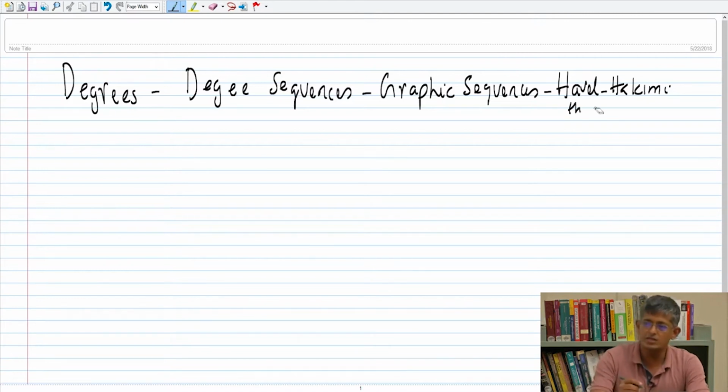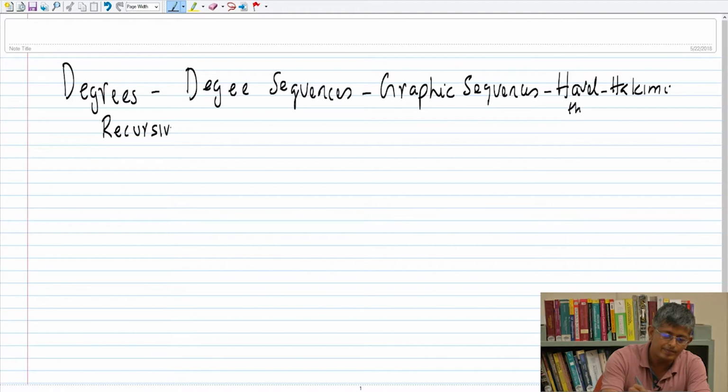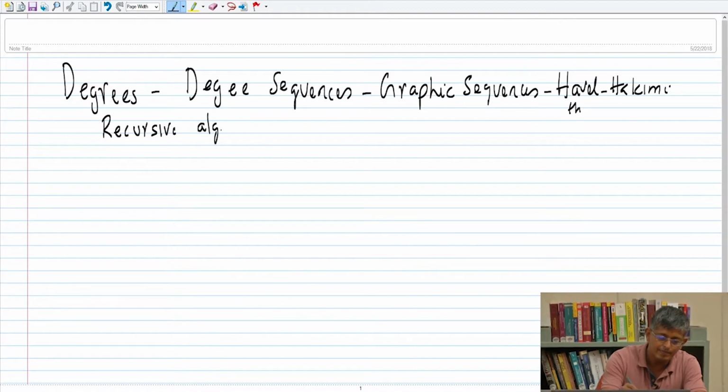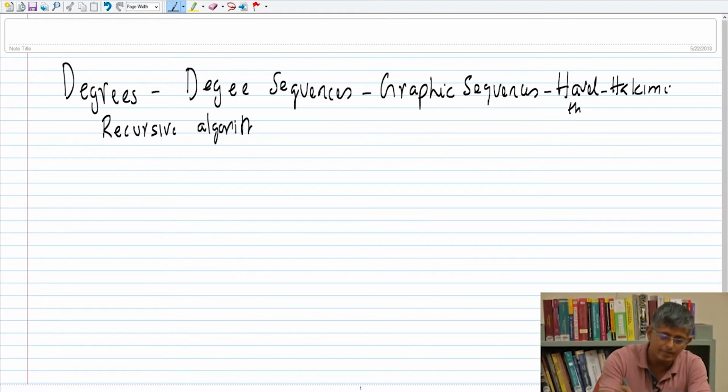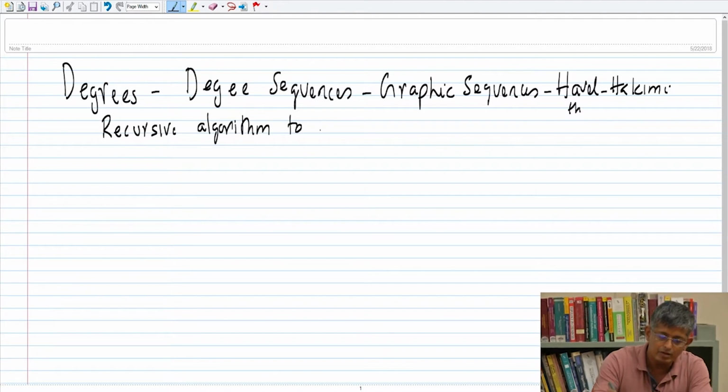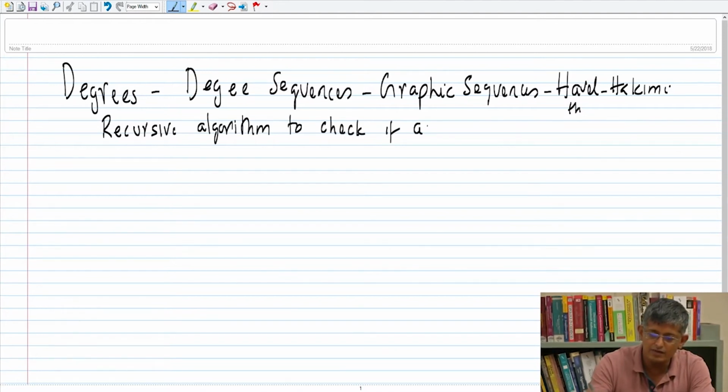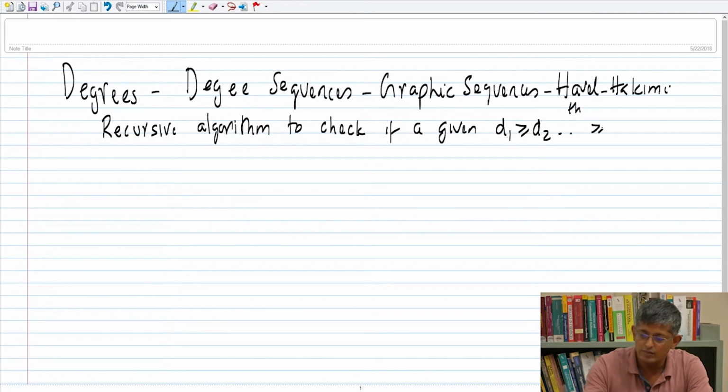The most important thing that you might have noticed is that we get a recursive algorithm to check if a given degree sequence, which is d1 greater than or equal to d2 all the way up to dn, is graphic.